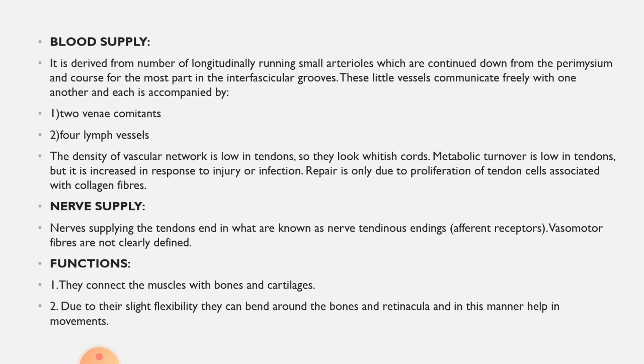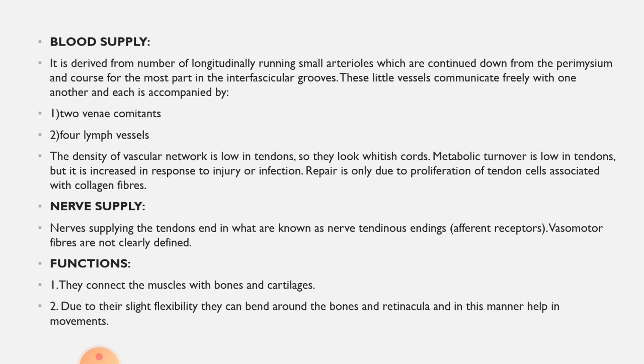Blood supply is derived from a number of longitudinally running small arterioles, so it gets its supply from the small arterioles which are continued down from the perimysium. Perimysium is the outer layer of the muscle which wraps around the fascicles of the muscles, and they continue down from the perimysium and course for the most part in the interfascicular grooves of the tendons.